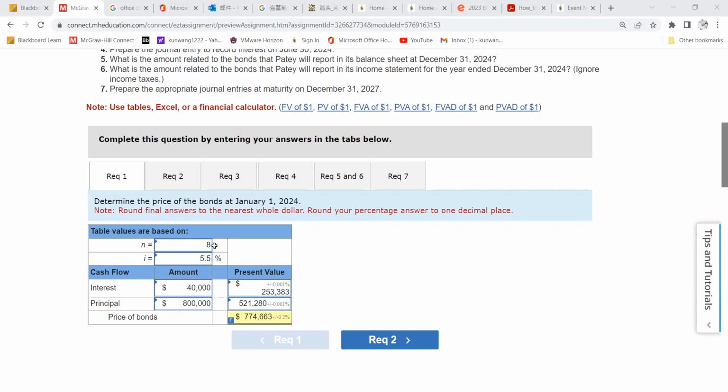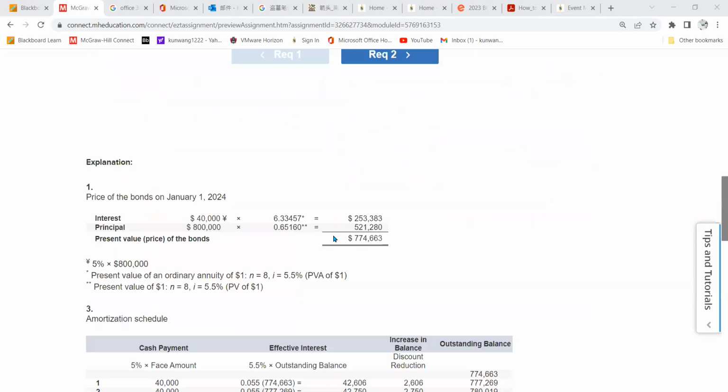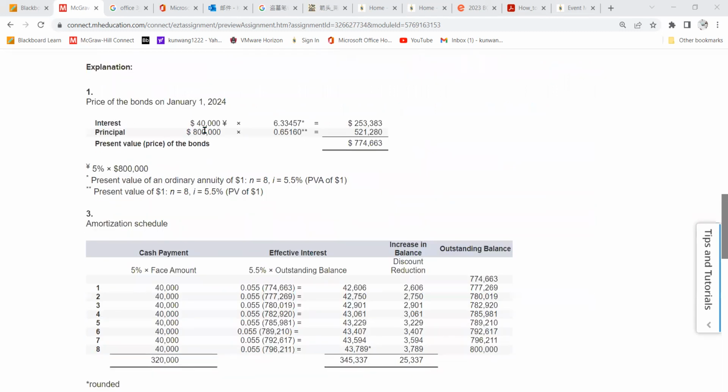So it's 800,000, and here is the calculation. The interest is 40,000, which is 5%, half of the 10% state rate, times the face value. So cash interest, and then the maturity amount is 800,000.